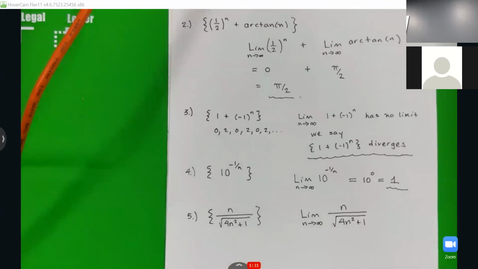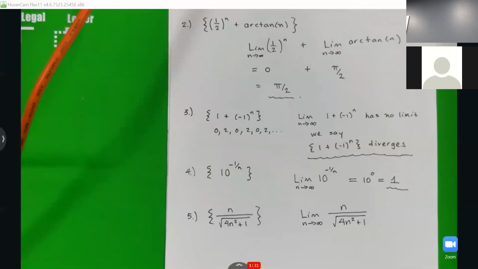n divided by the square root of 4n squared plus 1. So I would say the degree on top is 1.